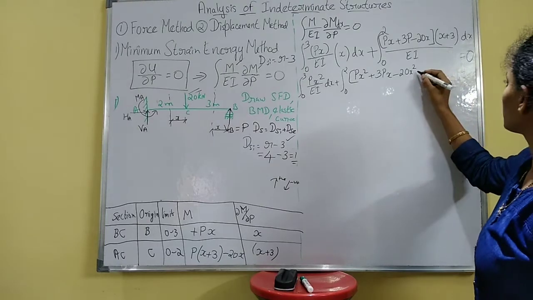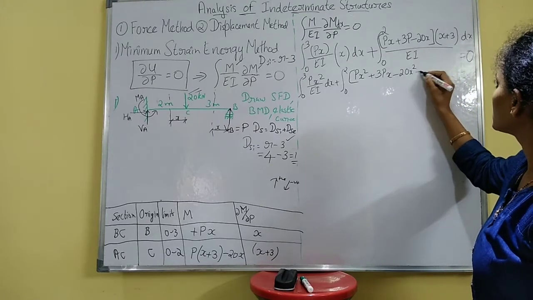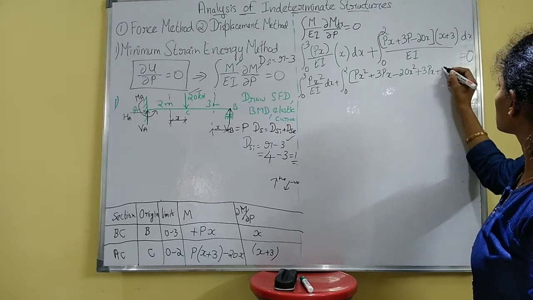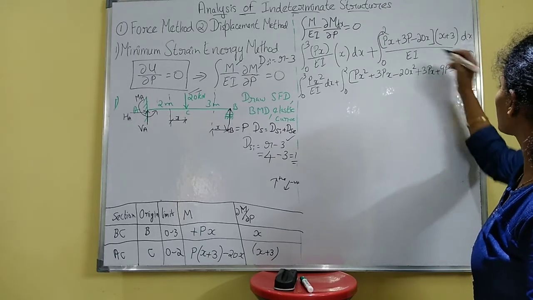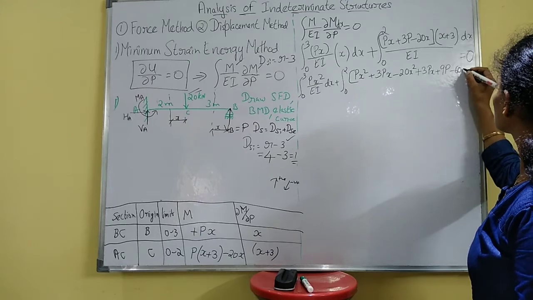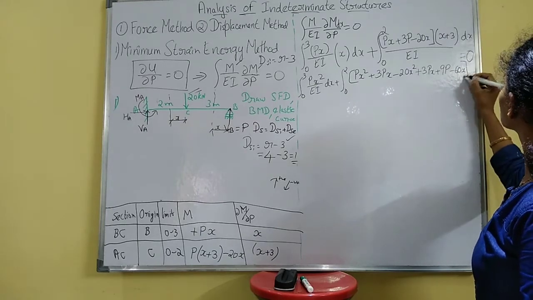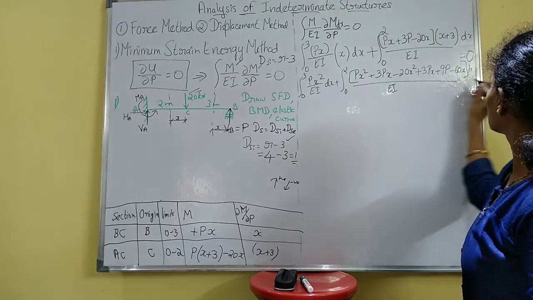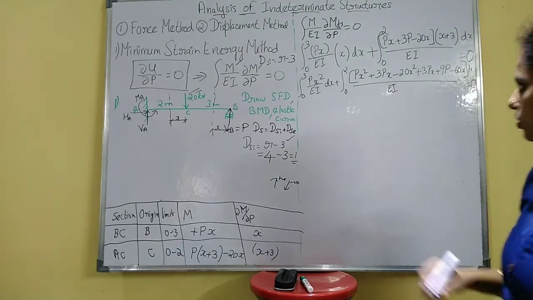Now multiplying with the 3, you have plus 3PX plus 3 3s are 9, so 9P minus 20 into 3 is 60 into X, dx divided by EI, remember, equal to 0.